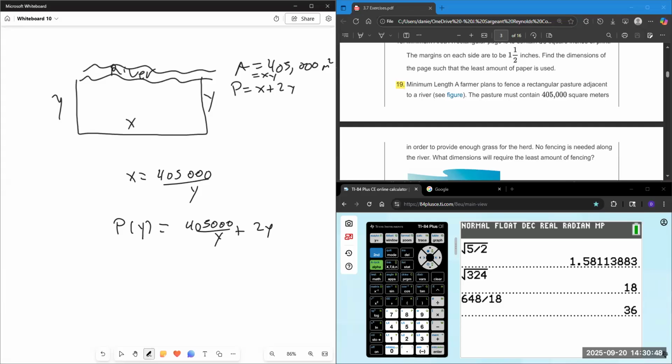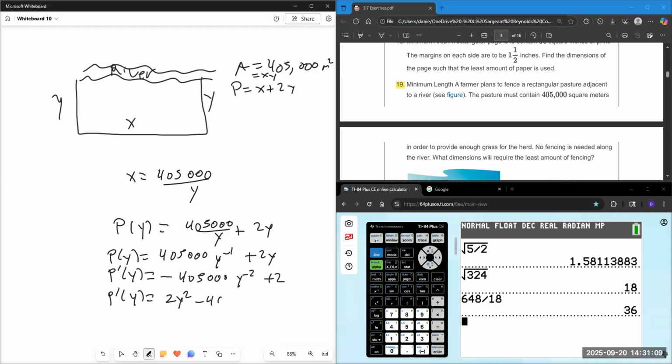So I'm going to call that 405,000 y to the negative first plus 2y. When I differentiate that, I get negative 405,000 y to the negative second plus 2, which will turn into 2 minus 405,000 over y squared.